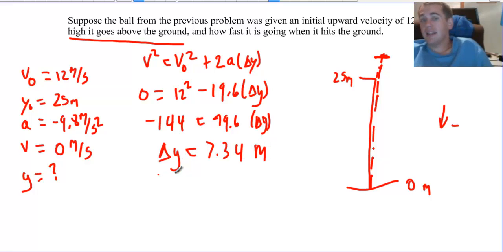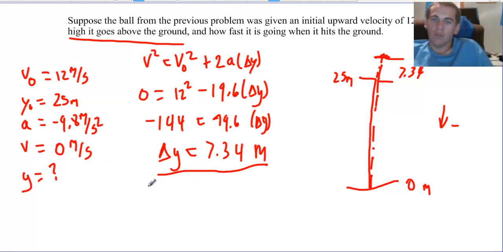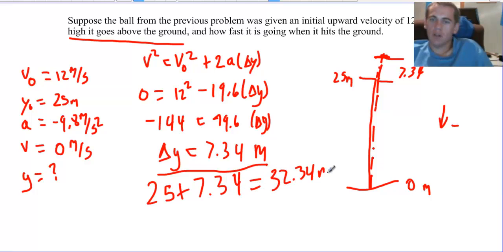Now, that's not the answer to the question. That's the change in position. That's this distance right here. This is 7.34. So the height above the ground is going to be 25 plus 7.34, which is 32.34 meters.